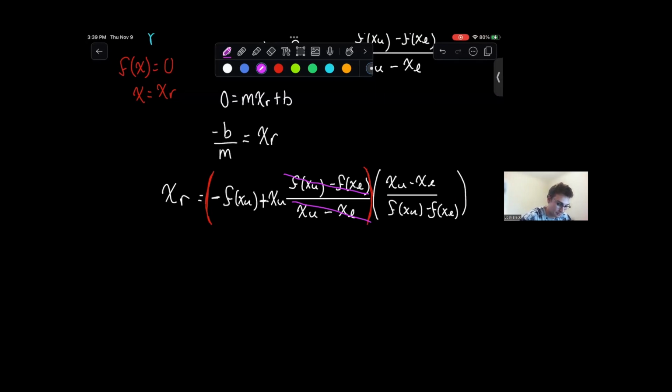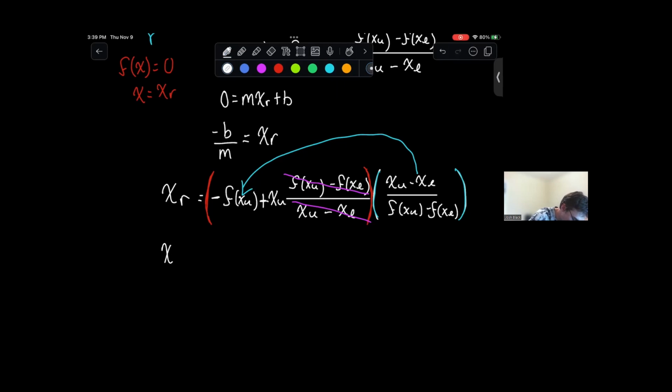But I do have to multiply the inverse of my slope in these blue brackets here. I have to multiply that into the negative f term. They cancel when I multiply it by the xu term, but obviously it doesn't when I bring it into the other part of this equation here.